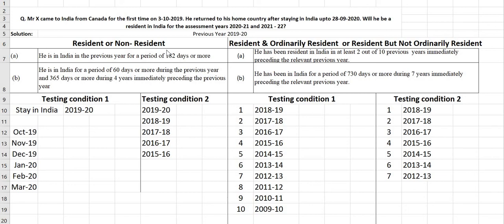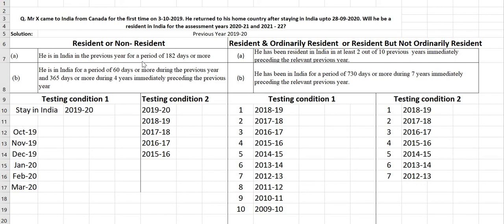Once he has satisfied any one of the conditions, that is, once he is proved to be a resident of India for that particular financial year, the next step is to see whether that resident is an ordinary resident or resident but not ordinary resident.